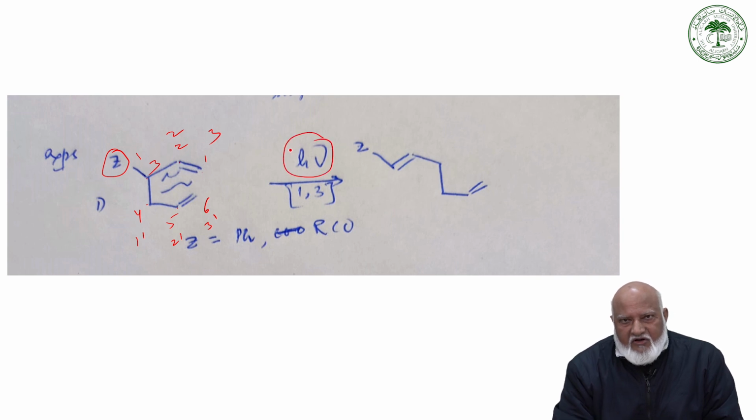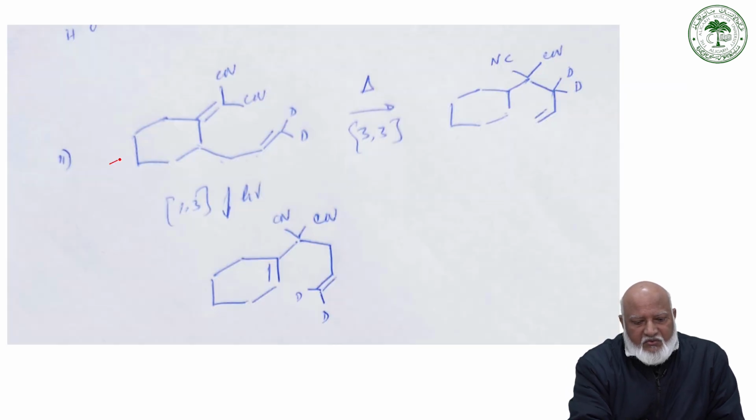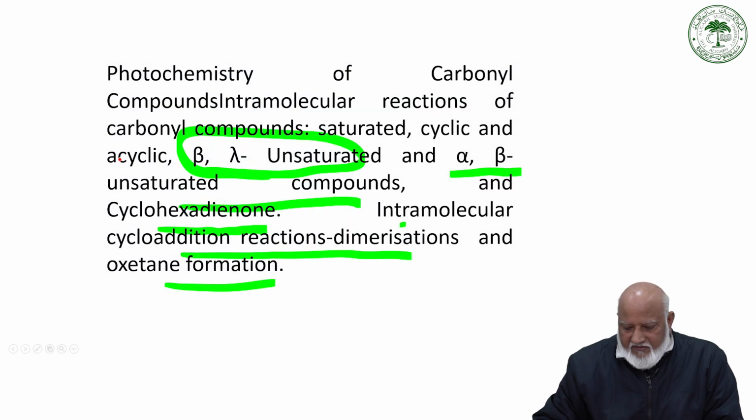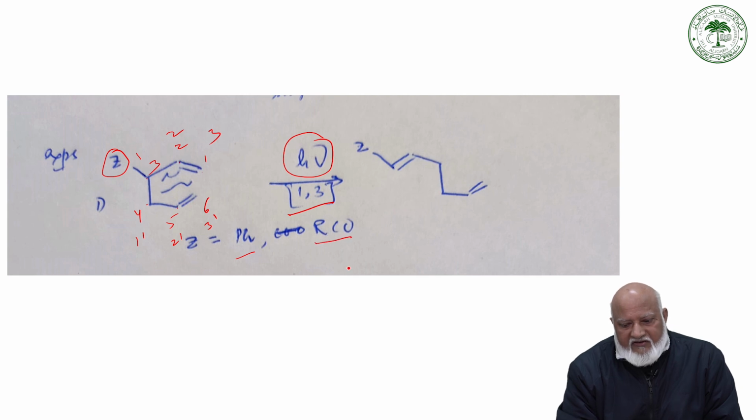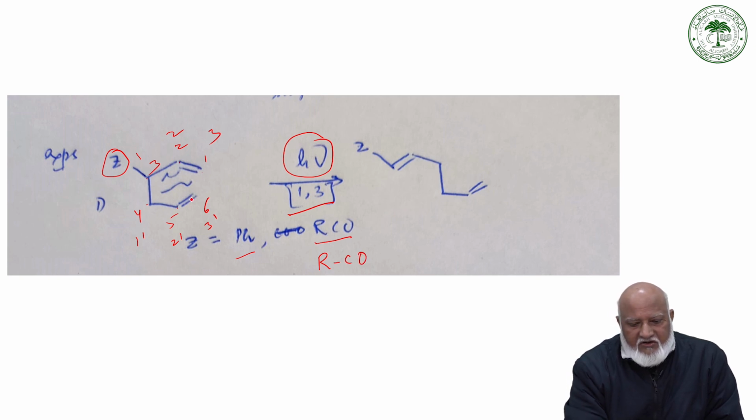under photolytic condition, as we mentioned in the previous slide, it undergoes a 1,3 sigmatropic shift. Here Z is the substituent, where Z could be a phenyl group or an acyl group, RCO. Under photolytic condition, it undergoes the 1,3 shift to give this product.